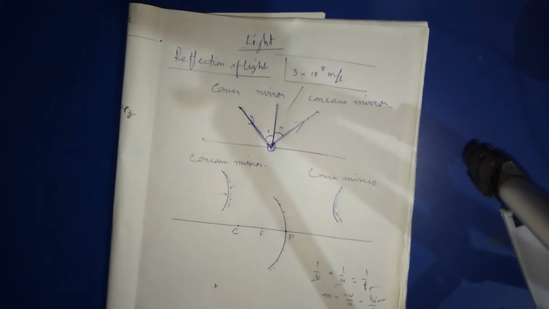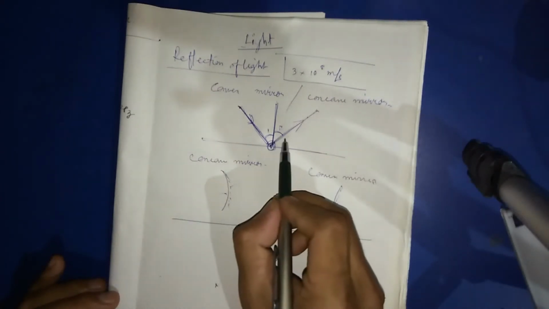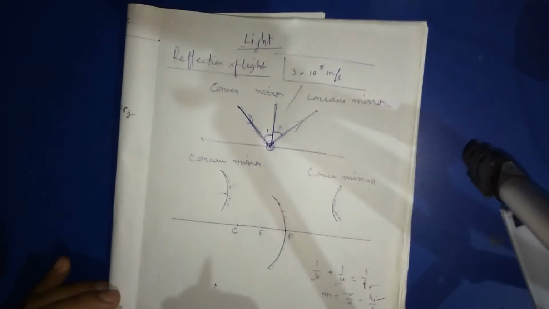Another law, which we normally call Snell's law, says that the angle of incidence is always equal to the angle of reflection.